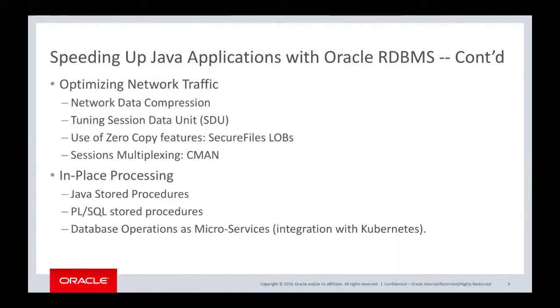The session keeps everything you have, all your metadata, all your cursors, everything on the database side. So session multiplexing means we use one single network link, and through that link we multiplex multiple connections, multiple sessions on the database side.